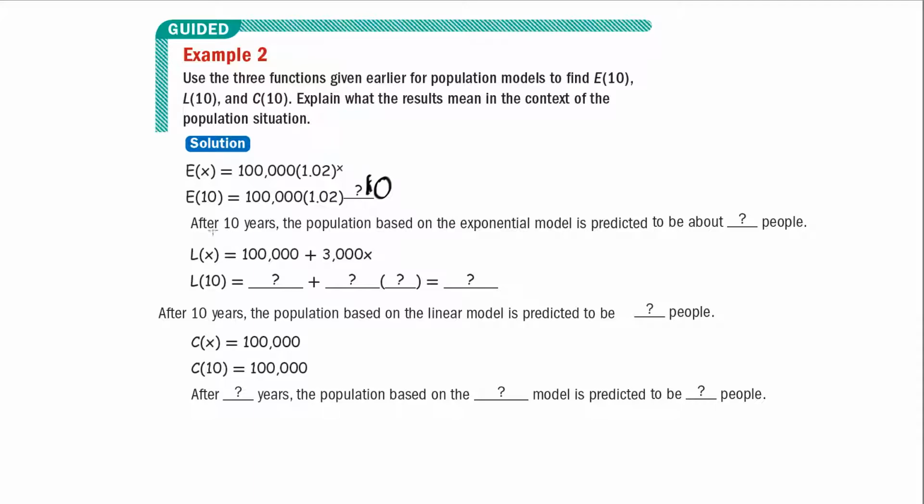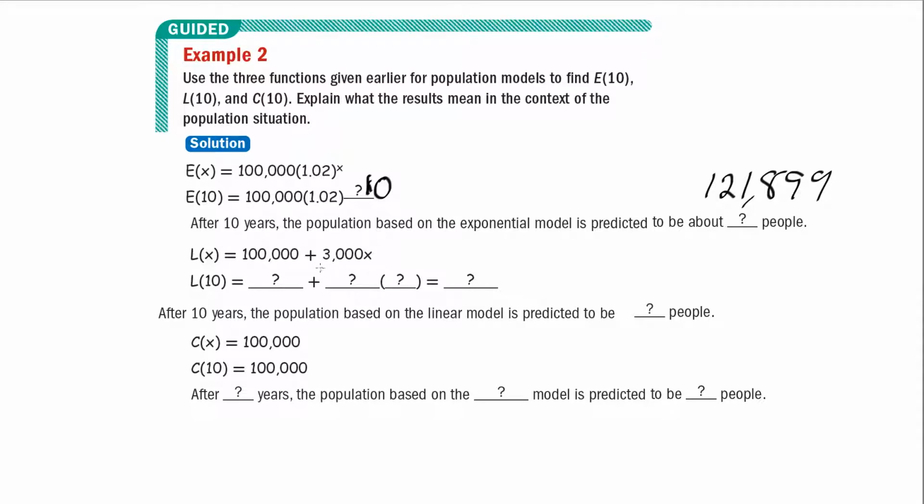After 10 years, the population based on the exponential model is predicted to be about, you need to do this calculation, 100,000 times 1.02 raised to the 10th power. And that should give you an answer of around 121,899 people.